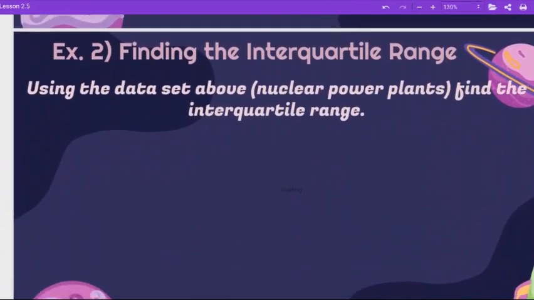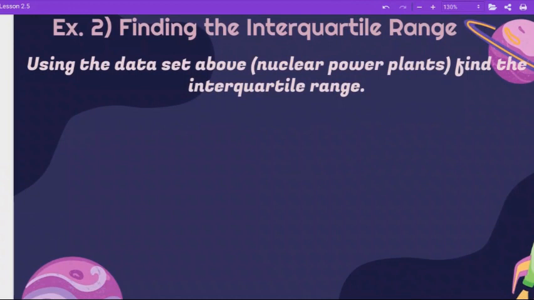So from the data above, if we remember, Q1 was equal to 10 and Q3 was equal to 31. So we take Q3 minus Q1, and that gives us 21. So the interquartile range, or the IQR, has a value of 21.